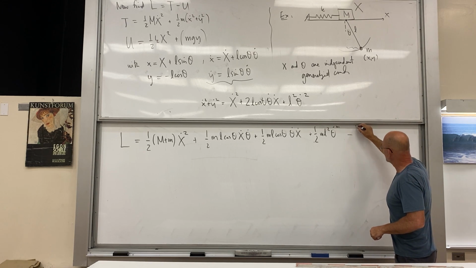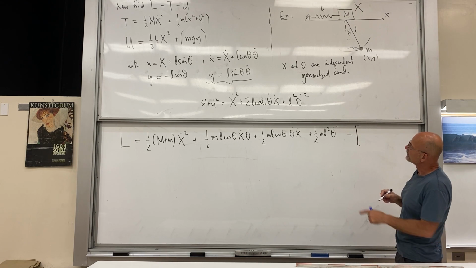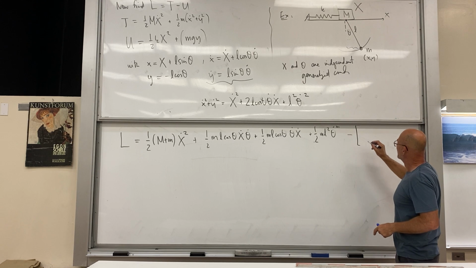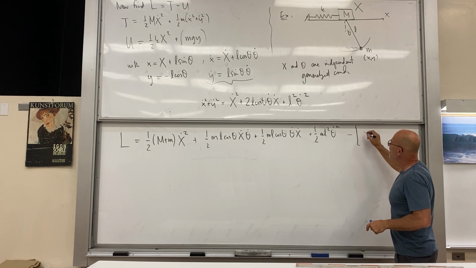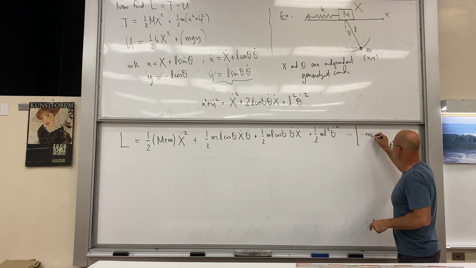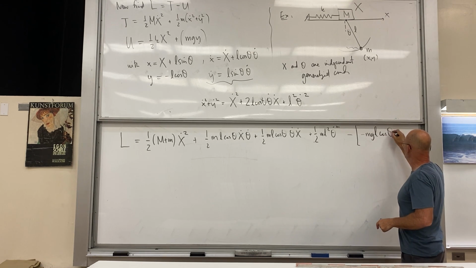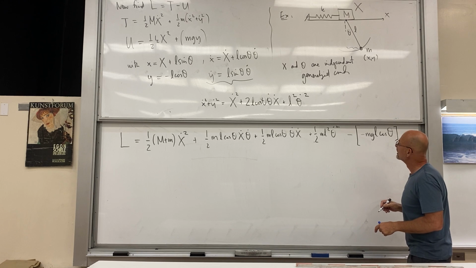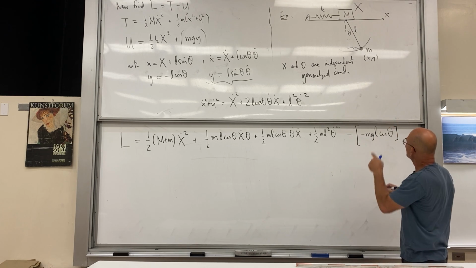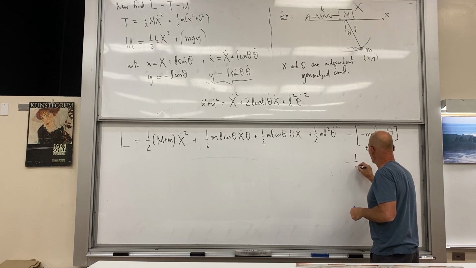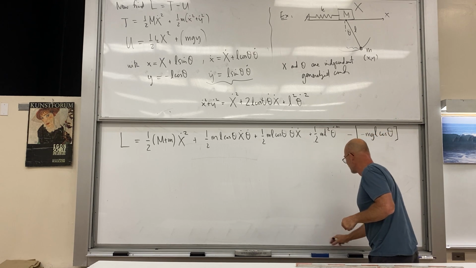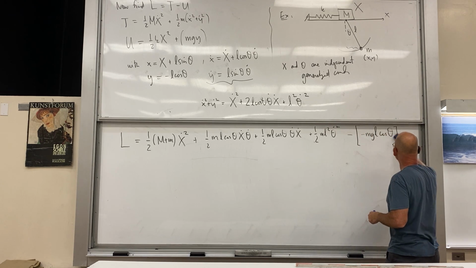I like to factor out the minus sign because I'm just going to end up with minus mgl cos theta. There's my potential energy. Not so fast. Maybe I want to do it this way.